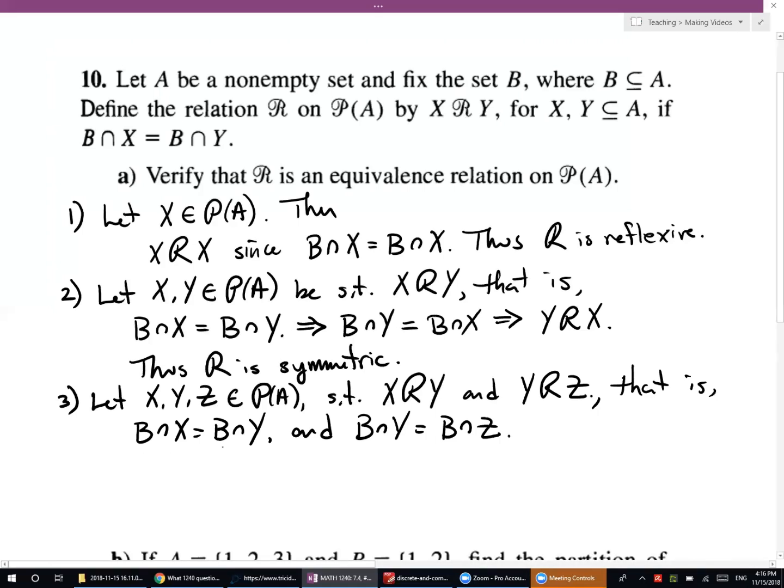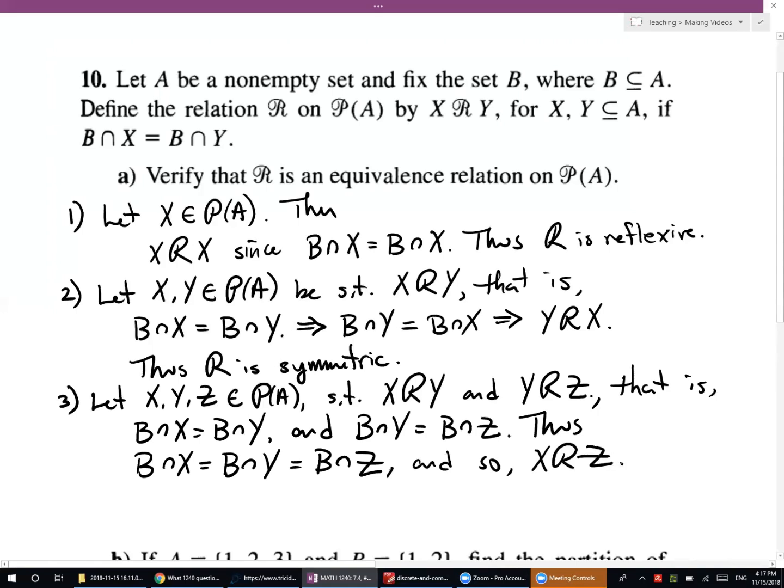B intersect X is the same as B intersect Y, which is the same as B intersect Z. B intersect X equals B intersect Y, which is equal to B intersect Z. And so X is related to Z. Thus, R is transitive.